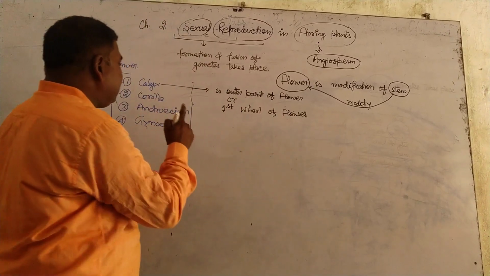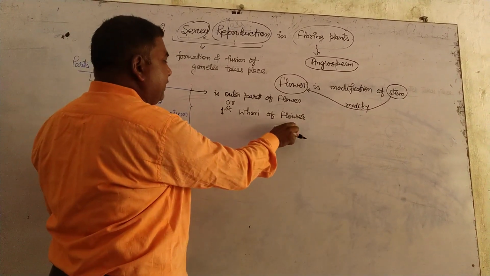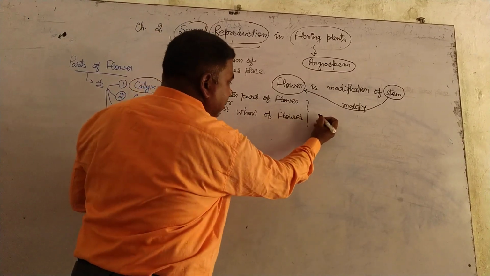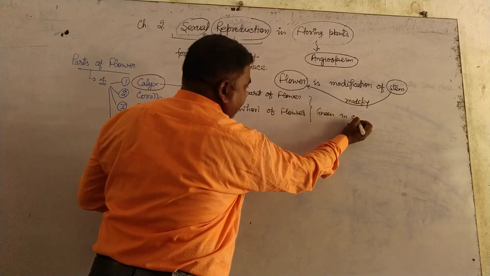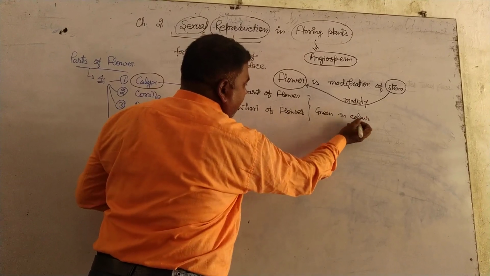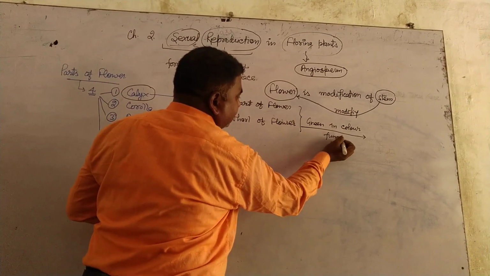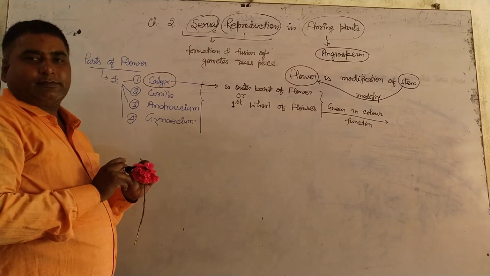Okay, means calyx is the first whorl of flower or the outer part of flower. It is green in color. What is the function? What is the function of this calyx?